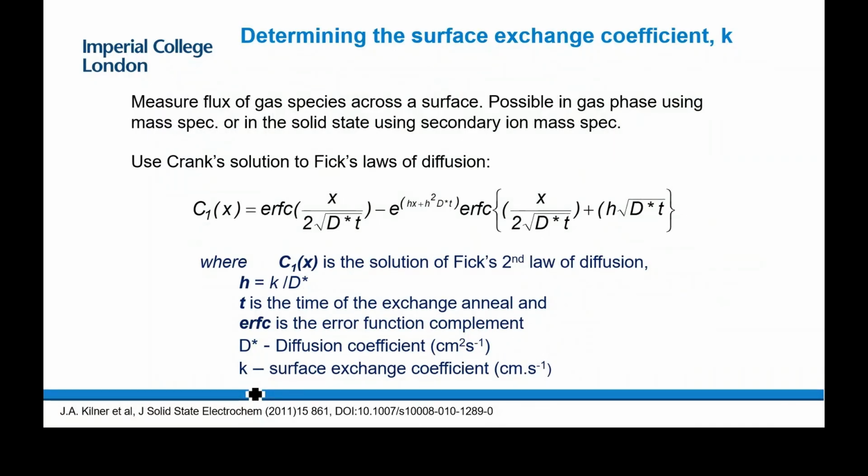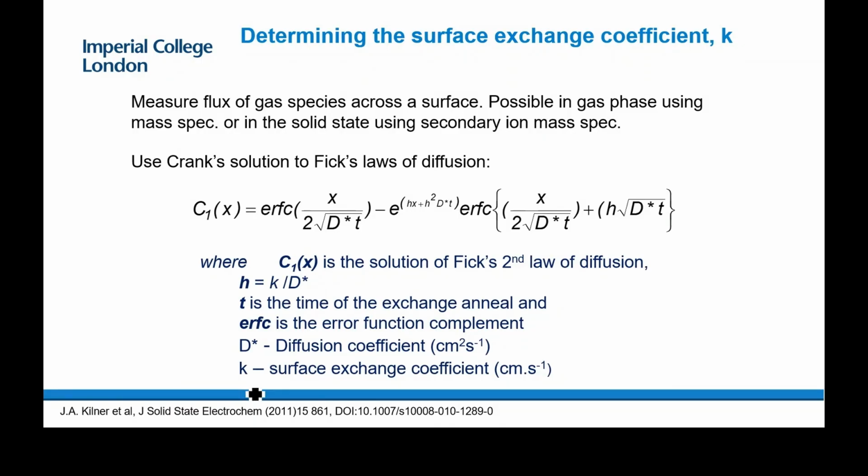So we now have the ability, using a tracer, an isotopic label, to measure directly the surface exchange of oxygen into a ceramic material. We can measure it as a function of temperature. We can get the activation energies out of all of that process. And we can then also link it to the diffusivity and therefore the ionic conductivity of that species in one measurement.